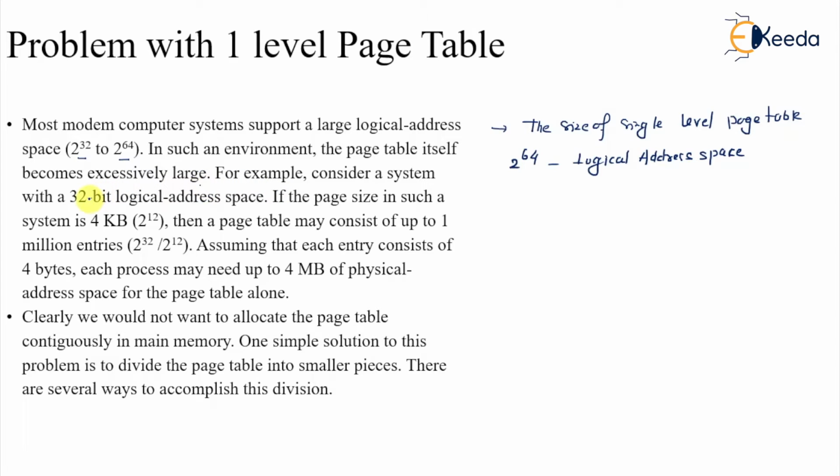For example, consider a system with 32-bit logical address space, and the page size is 4 kilobytes. A 32-bit logical address space is very reasonable in today's modern computers. With 4 kilobyte pages, 12 bits will be assigned to the page offset, and 20 bits will be assigned to the page number.